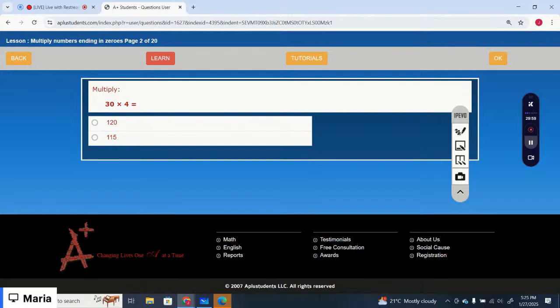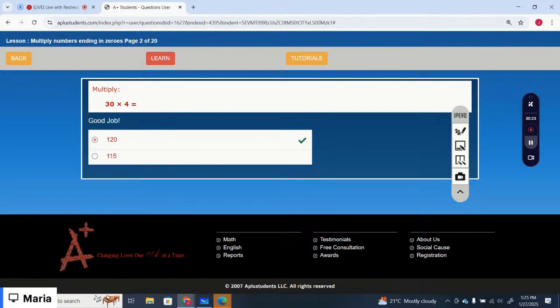30 times 4, which is the correct option? That is 3 times 4 makes 12.